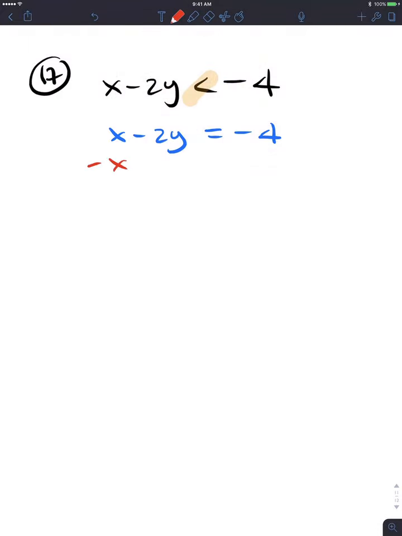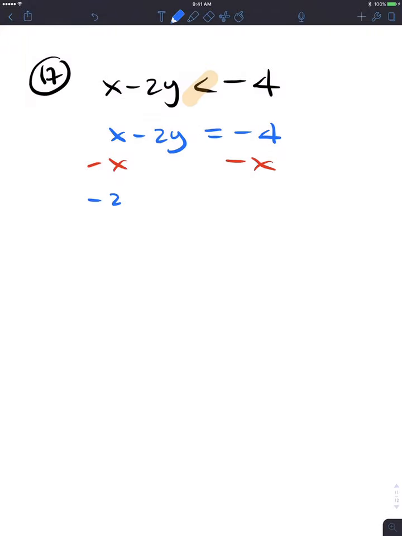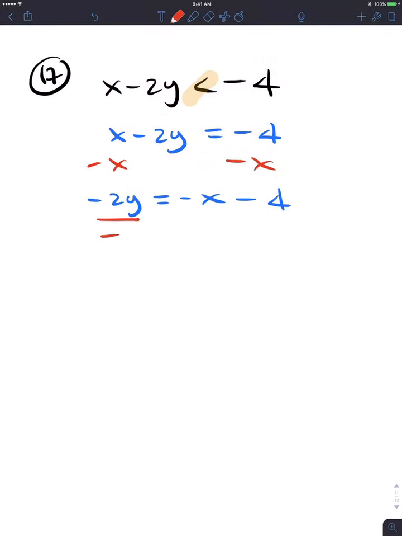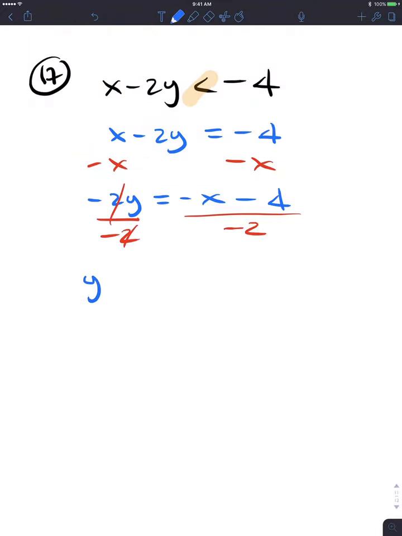We're going to subtract x from both sides. We end up with negative 2y equals negative x minus 4. We divide both sides by negative 2. We're going to end up with y equals negative x divided by negative 2 minus 4 divided by negative 2.